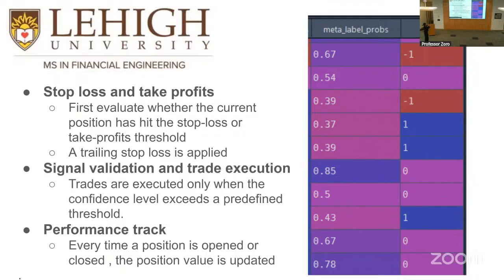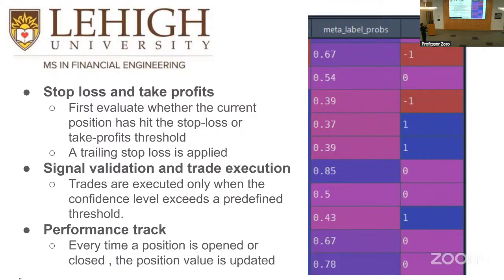As you can see in the plot, there are the multi-label probabilities and signals. The first signal, -1, has a probability score of 0.67, so I think we can probably trade based on this signal.